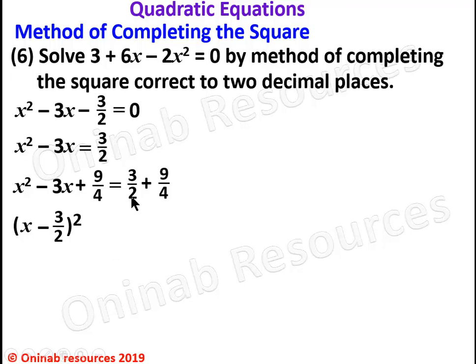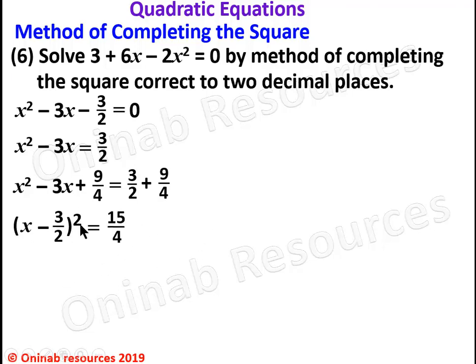Then here 3 over 2 plus 9 over 4. This one is the same thing as 6 over 4, an equivalent fraction of 3 over 2. Since we have it as 6 over 4, the 6 plus 9 gives 15 over 4. So you simplify this, it will give you equal to 15 over 4.